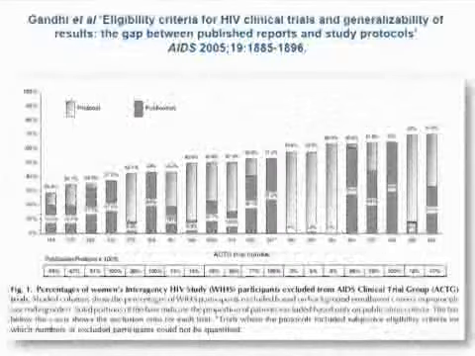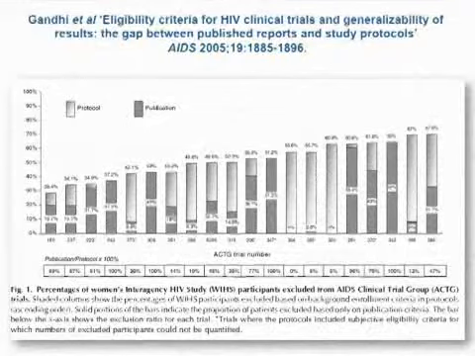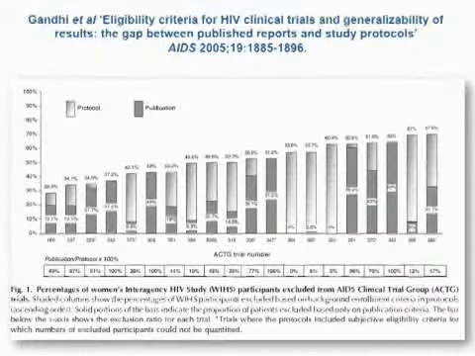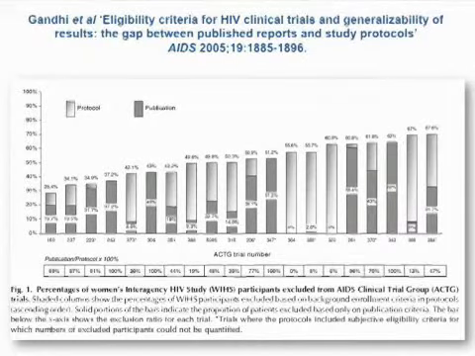Just to give an example of that, this comes from a paper that we published a couple of years ago illustrating the importance of effectiveness studies. Many of you have heard about the WIHS study, the Women's Interagency HIV Study, which is a study of HIV-infected women here in the United States.